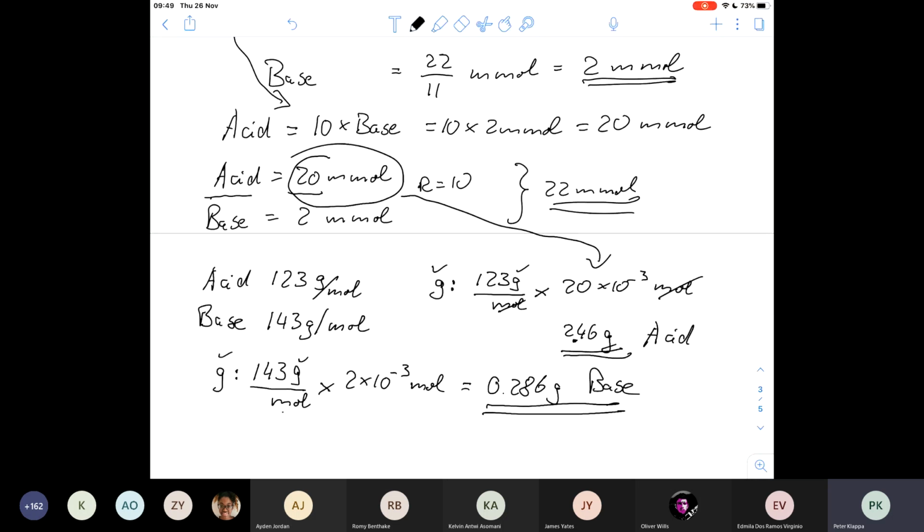Okay? So you have 2.46 gram acid and 0.286, or in this case, if we do both to two decimal places, 0.29 gram of base. Does that make sense?